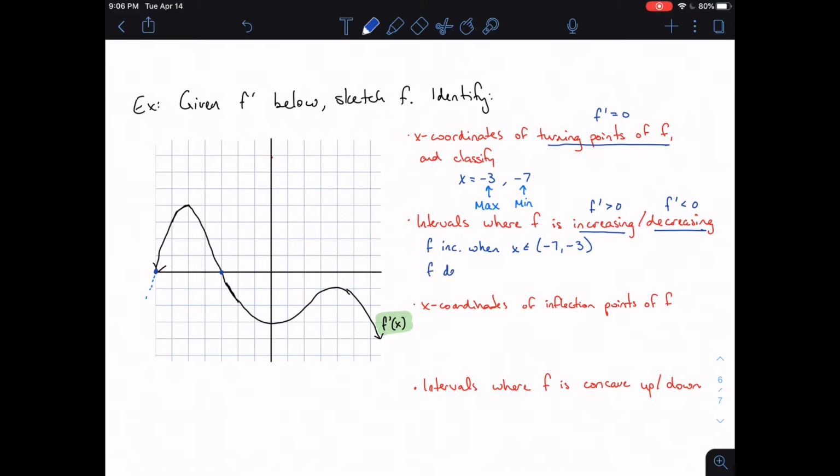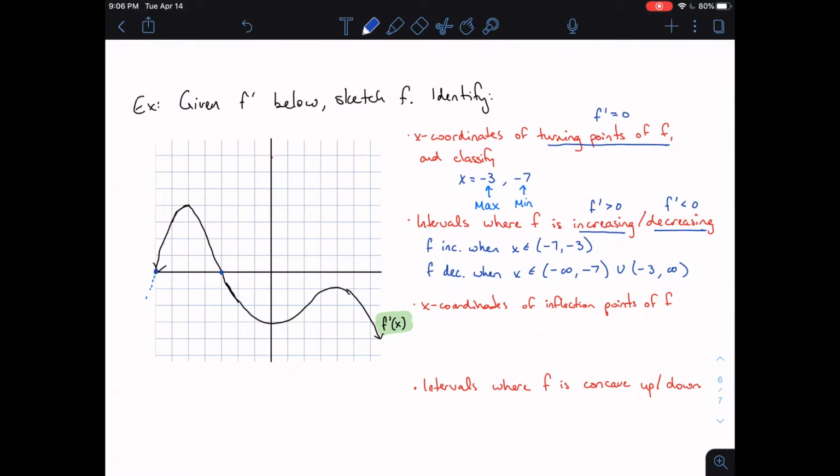And it's decreasing everywhere else. So again, we can assume based on the activity around here, and that I'm only showing you the important parts of the function, that from -infinity to -7 and then -3 to infinity are my decreasing intervals because my function value is negative there.